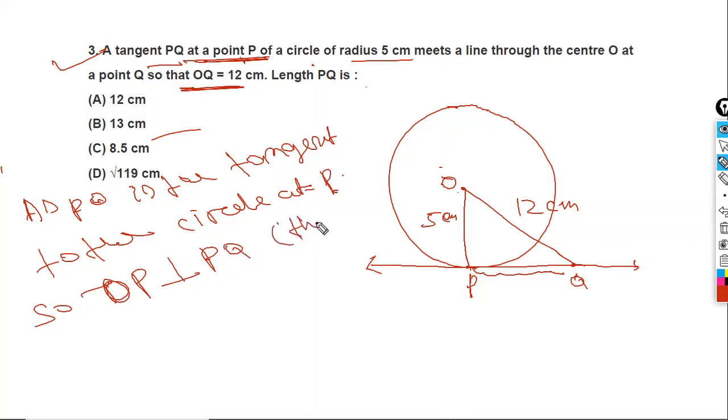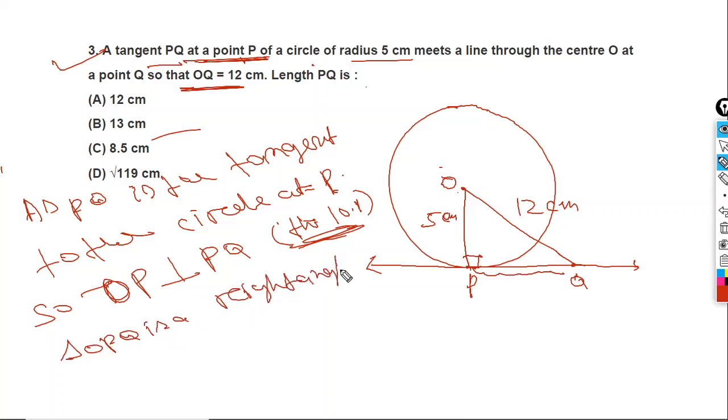You can write Theorem 10.1. We have just studied it. So now OP is perpendicular to PQ, then this angle is 90 degrees, and triangle OPQ is a right angle triangle. Okay, so now OQ is the hypotenuse, OP is the height, and PQ is the base.